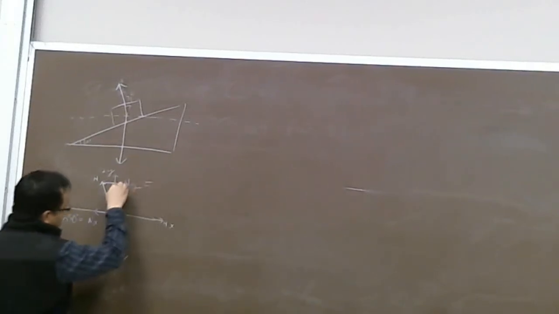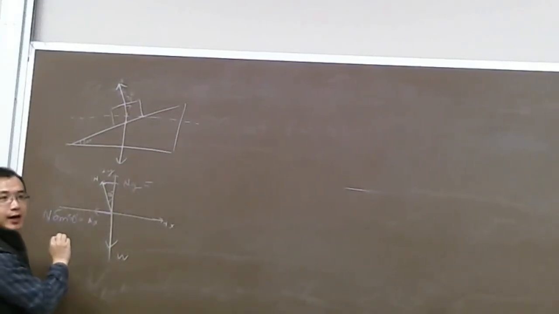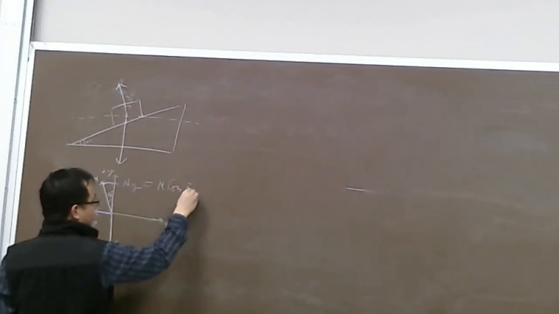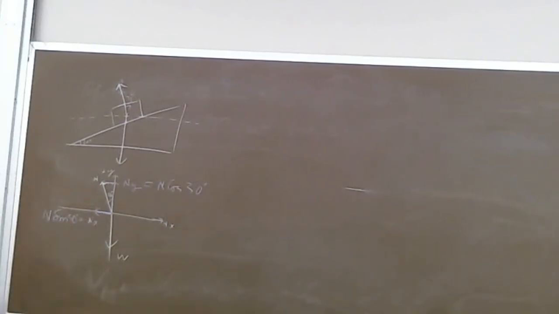And Ny is this one, adjacent to the angle, so it equals N multiplied by cosine 30 degrees. This is one important step. You should be able to correctly identify which one is cosine and which one is sine. Sometimes the x component is cosine, sometimes the y component is cosine. It all depends on the particular problem.